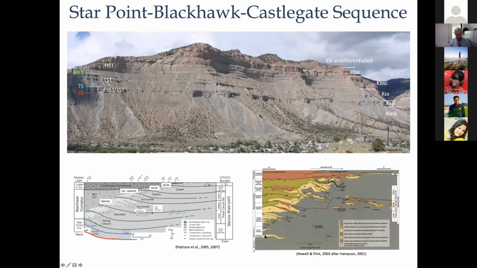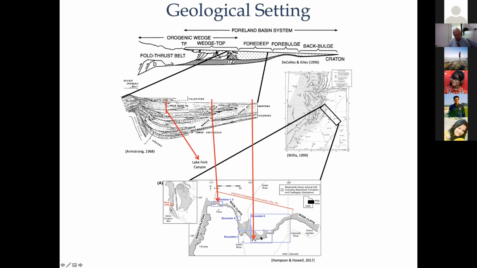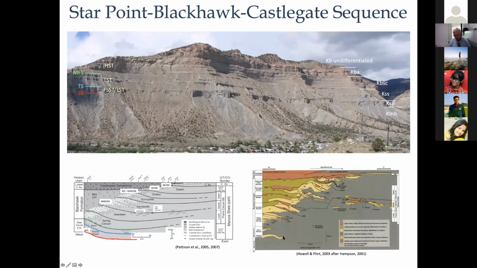Notice that the sand extends far out into the basin, and then it backsteps through here, and then it extends out into the basin again. What we're looking at is a balance between the rate at which sea level rises and the rate at which sediment comes into the basin.